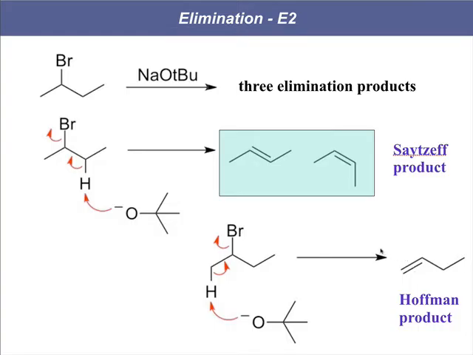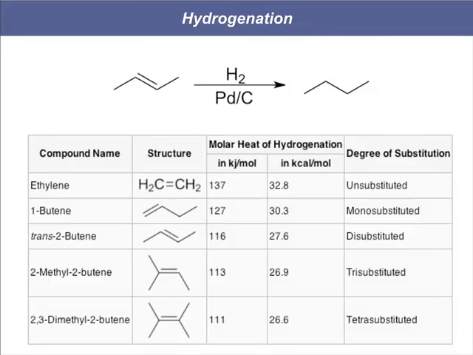So you might be wondering, why does Zaitsev's rule exist? Well, I've shown you this slide before, when we were looking at hydrogenation while talking about conjugation, and we were looking at the energies of these double bonds and how much energy is released when you hydrogenate them.